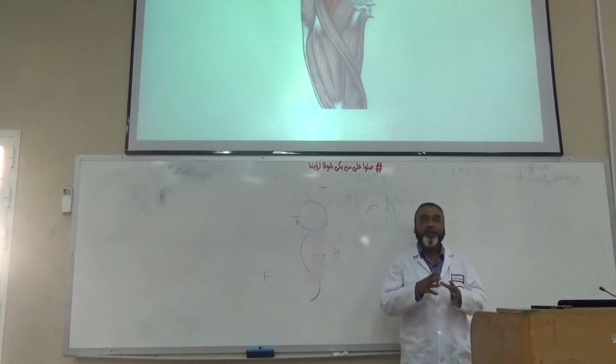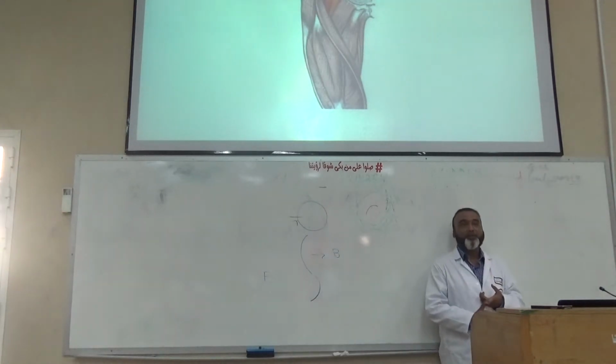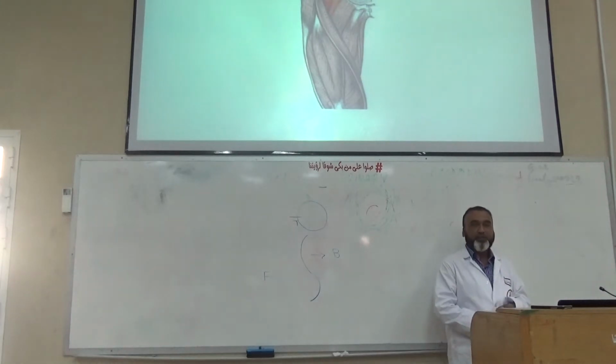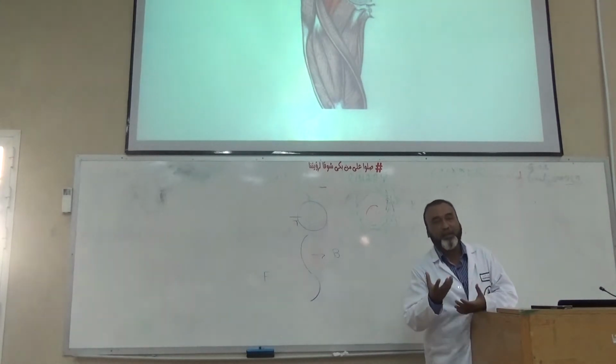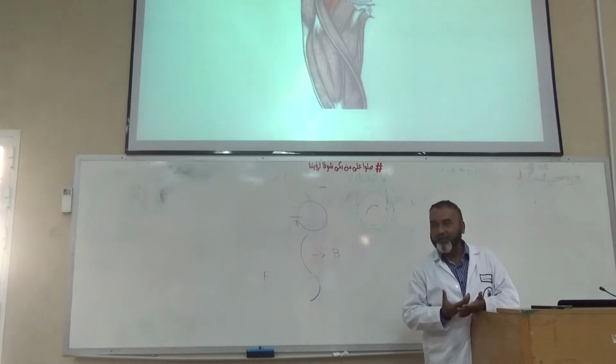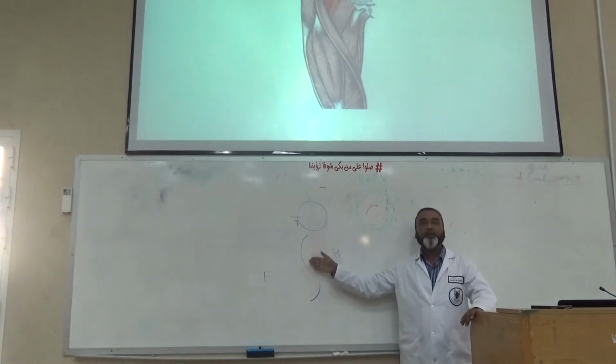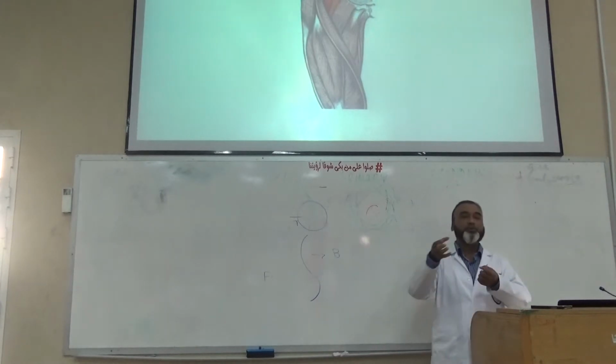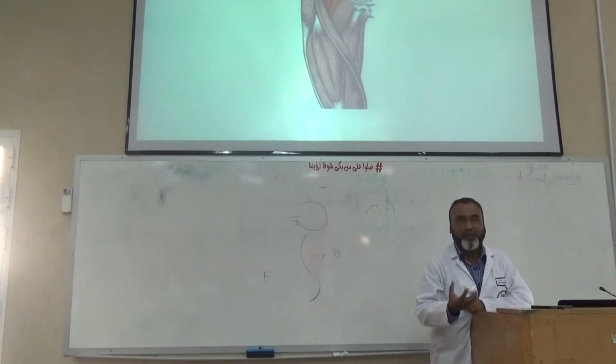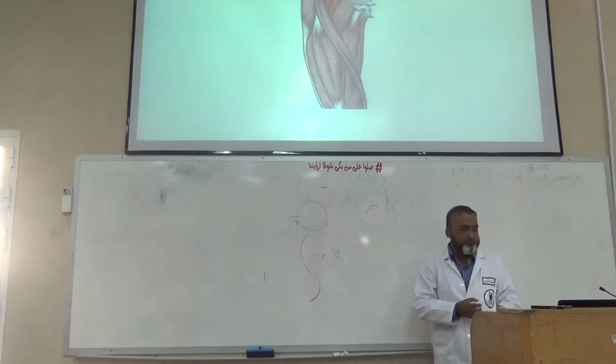They all form the posterior abdominal wall, and we should know the features of the lumbar vertebra plus the intervertebral disc, and why there is concavity, which is due to the wedge-shaped appearance of the intervertebral disc.